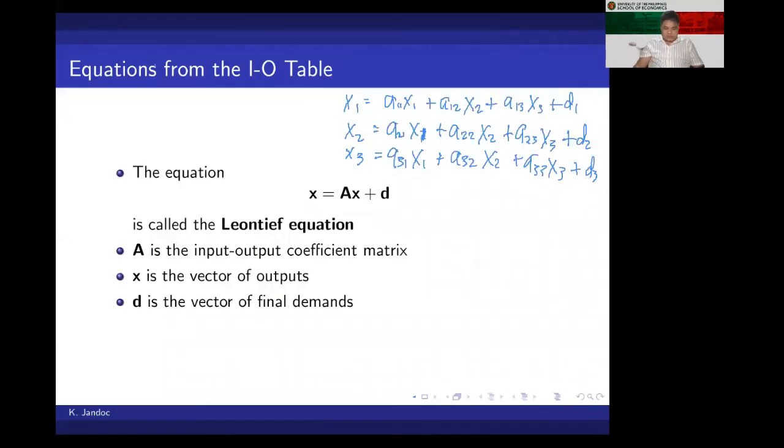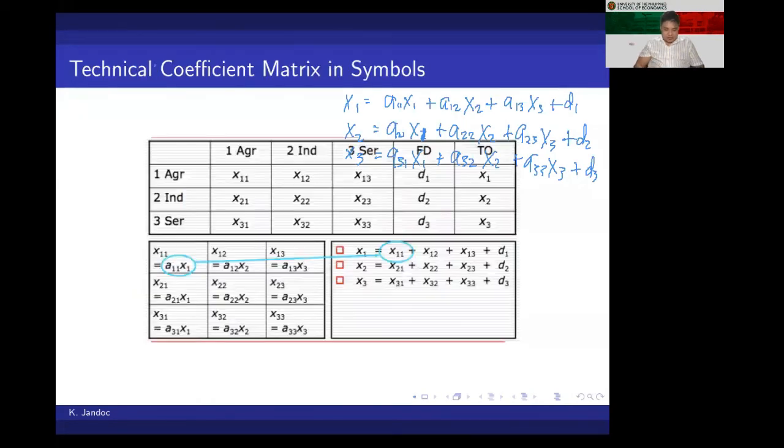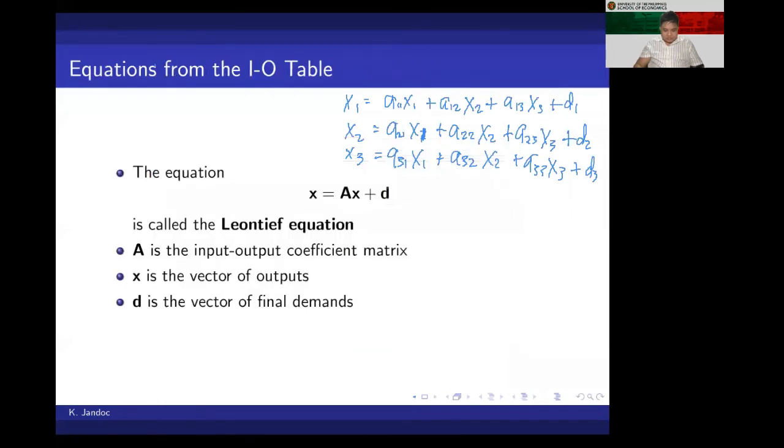So now we've rewritten on the upper right portion of this slide the three equations that we had on the previous slide. Notice that you can write these three equations in matrix form.